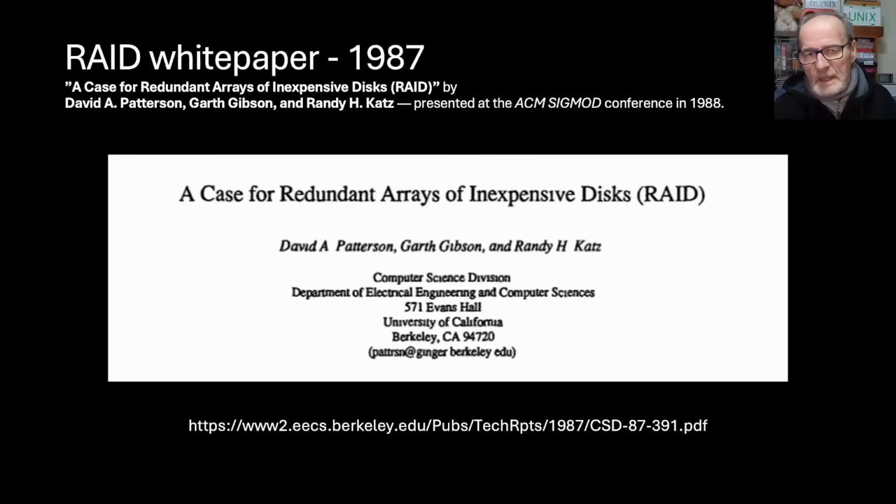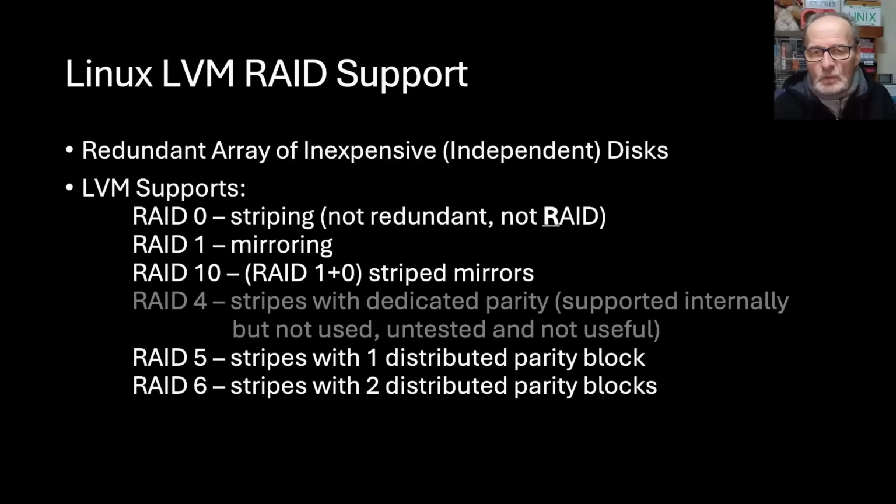So that was basically one of the reasons. The other reason was to give you resilience, because back then hard disk drives were unbelievably unreliable. So that's basically a quick background. That's where RAID comes from. It's historic. Let's have a look at what LVM can give us.